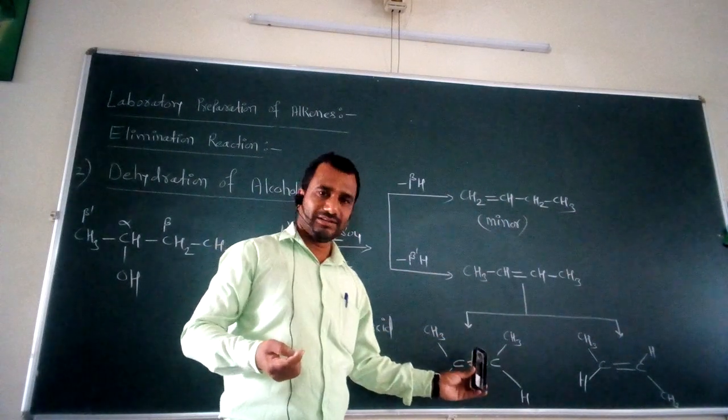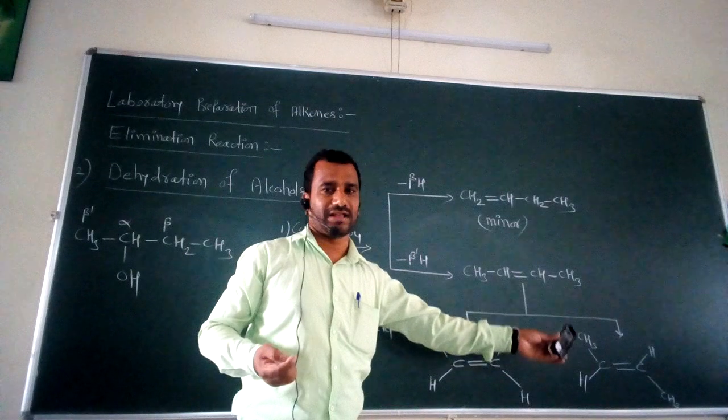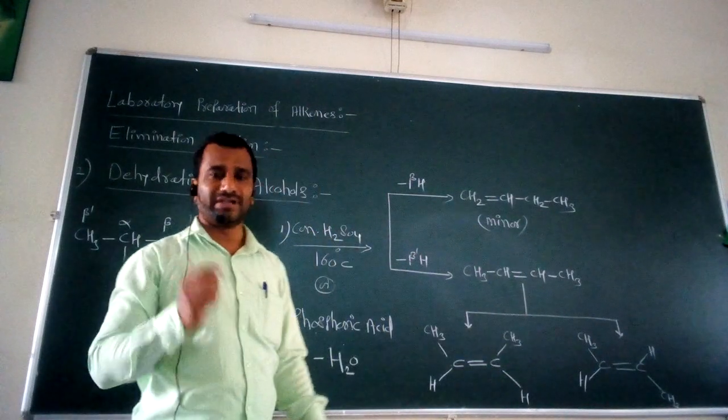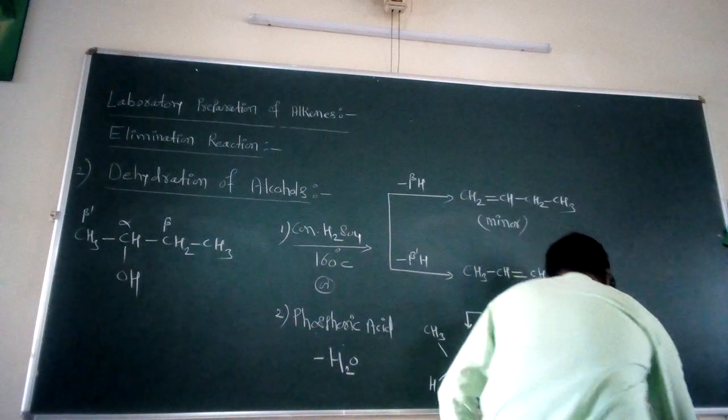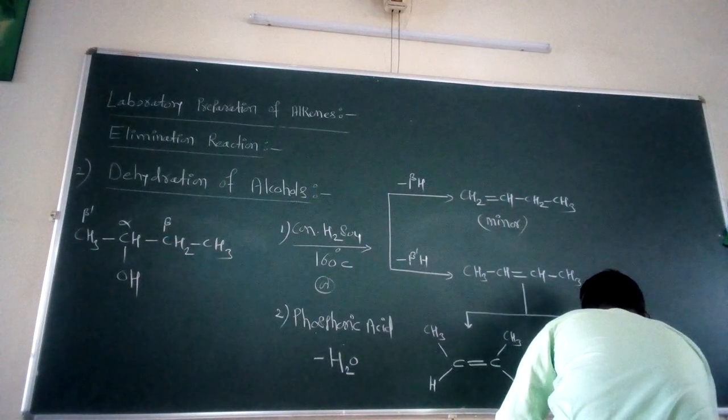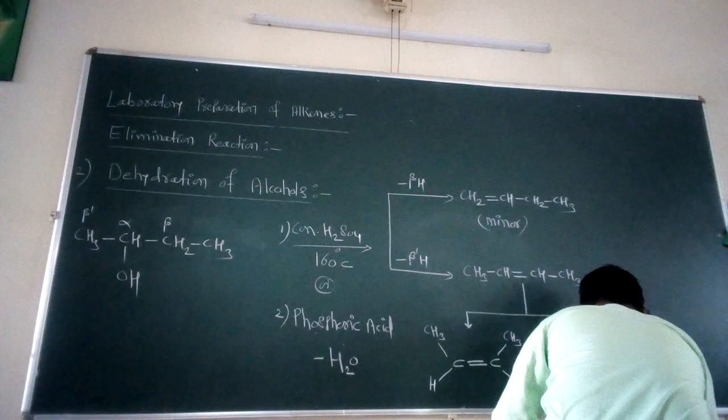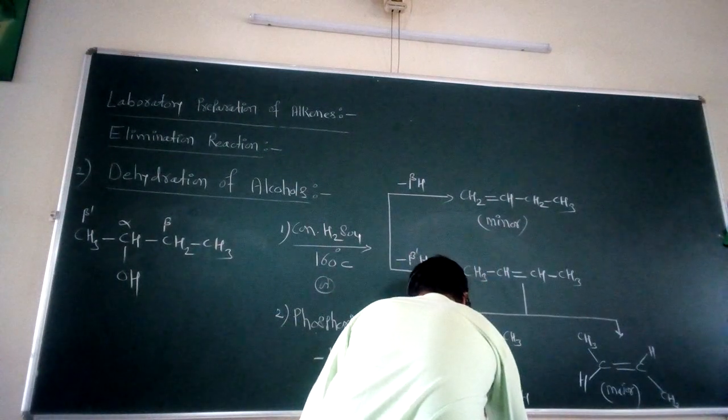Again, from cis and trans, trans is obtained in a major amount, and cis in a minor amount. So, this is the major product, and this is called the minor product.